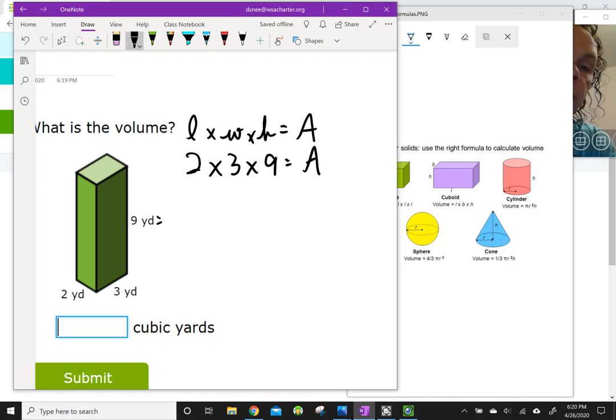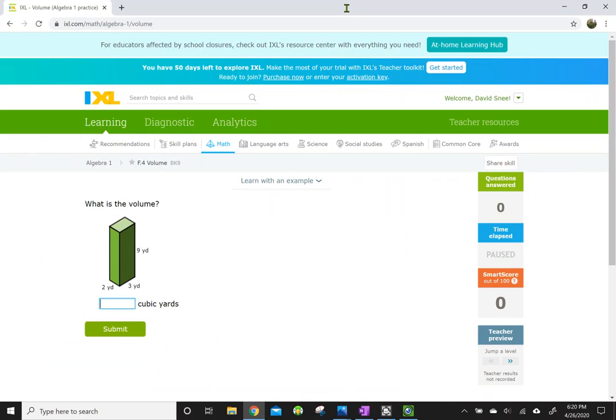We can call this the height, and we can call this the width, and we can call this the length. It doesn't really matter. 2 times 3 is 6, and 6 times 9 is 54. Each one of those is yards, so it's 54 cubic yards, the volume of this rectangular prism. So let's try it. 54.